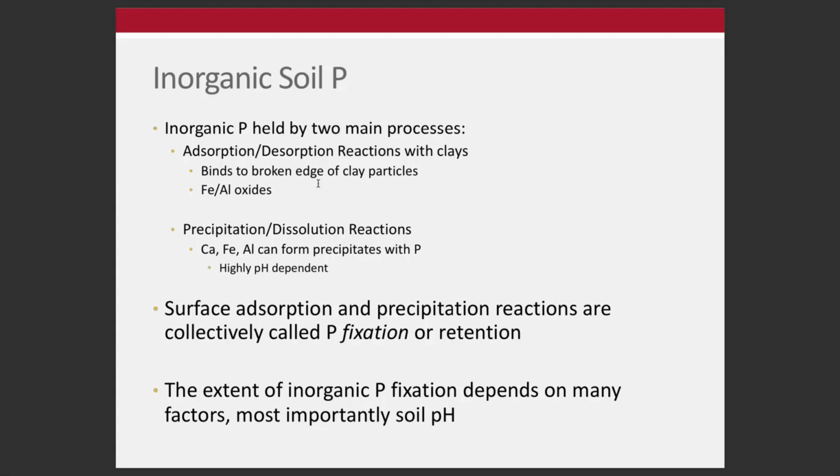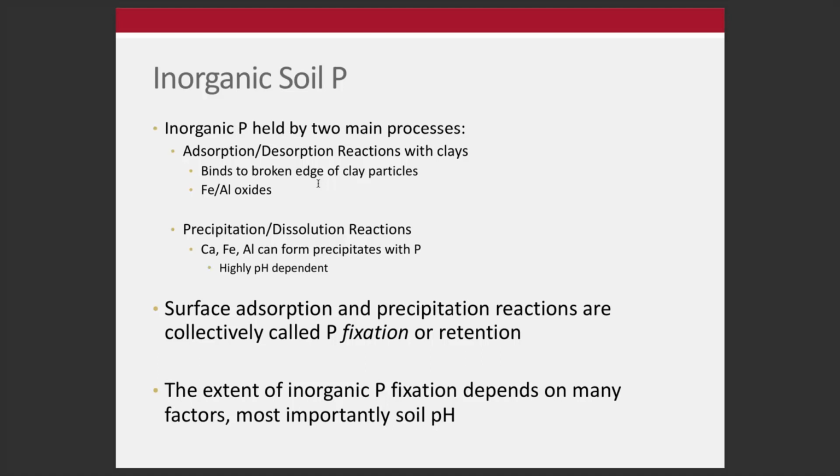Then we've got this other piece, which is precipitation and dissolution. These really are reactions with calcium, iron, aluminum, manganese, and they actually form precipitates, which move out of solution and into solution depending on which way that reaction is flowing. These are highly pH dependent, okay? When we talk about phosphorus, pH is a main part, and we'll get more into this.